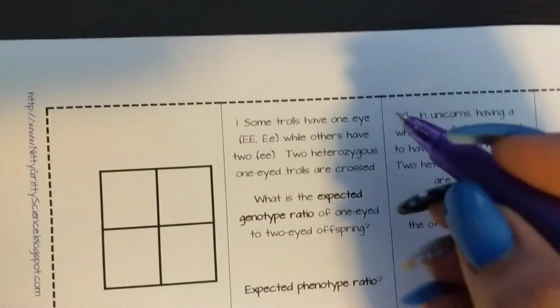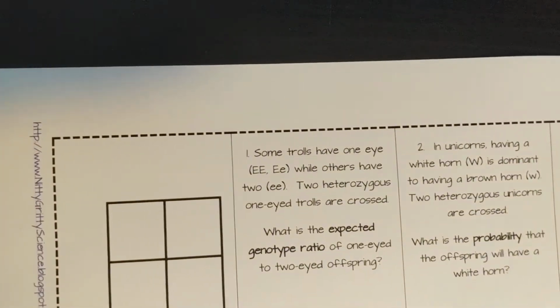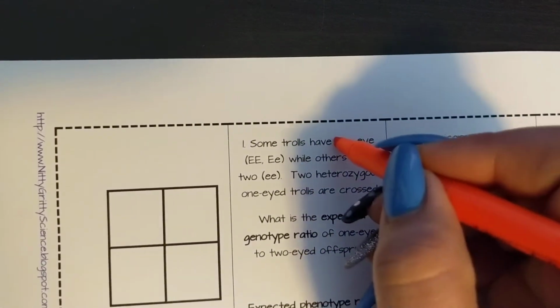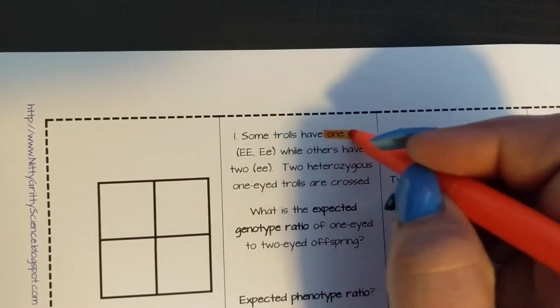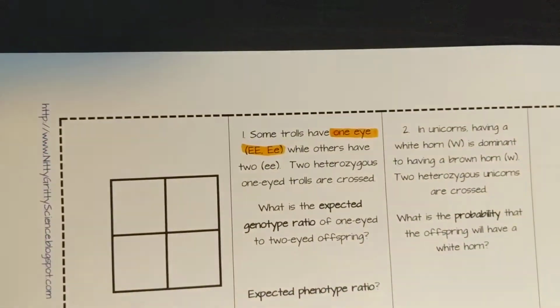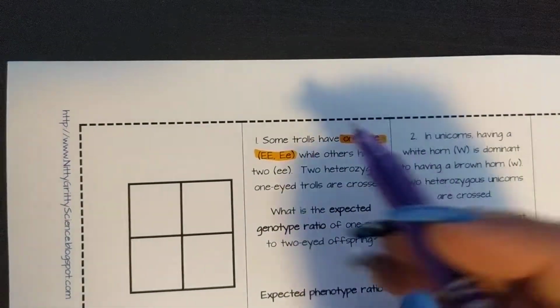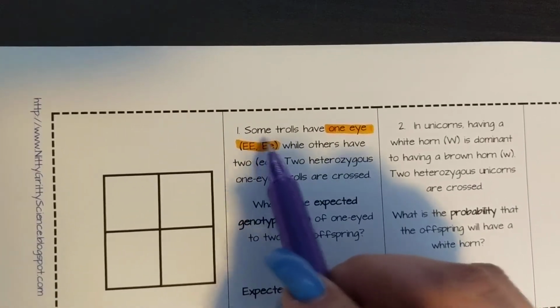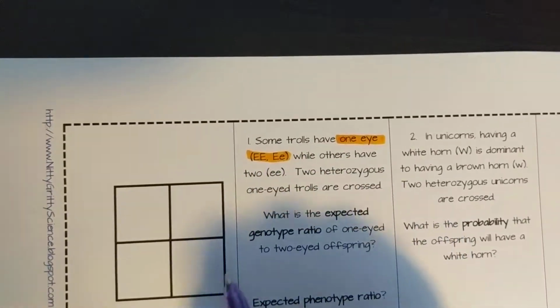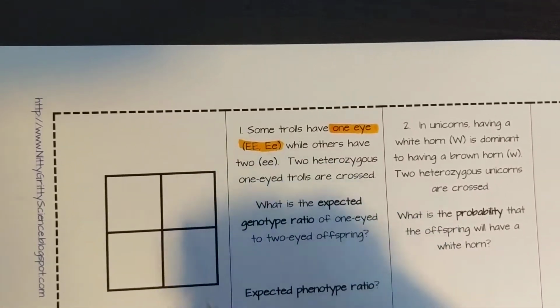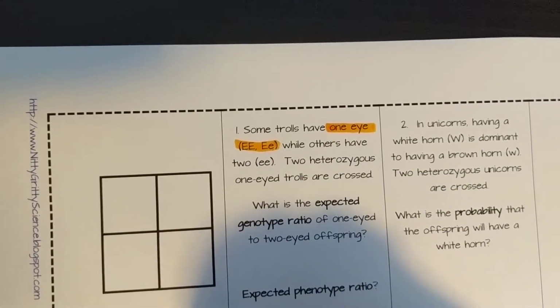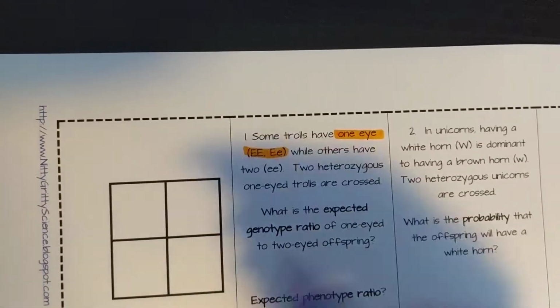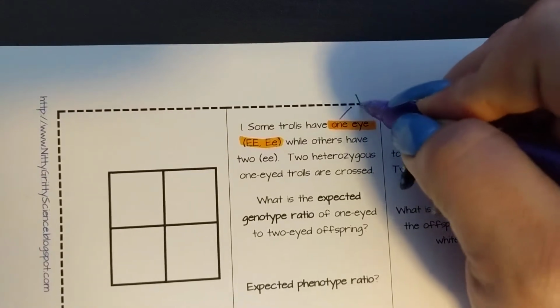The first thing I'm going to identify is that a one-eyed troll is dominant. Although it didn't tell me the one-eyed troll is dominant, I know because of the letters, or the genotypes, that they used. Anytime I see a capital E or a capital letter, I know that has a dominant trait.